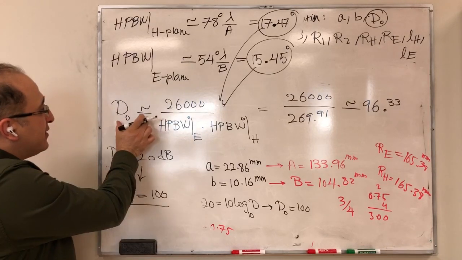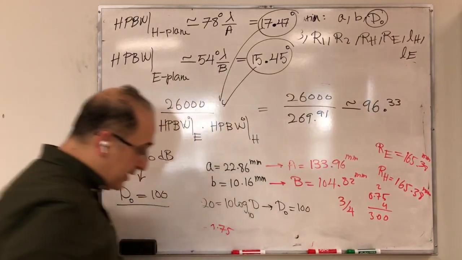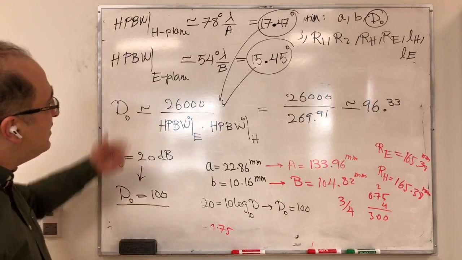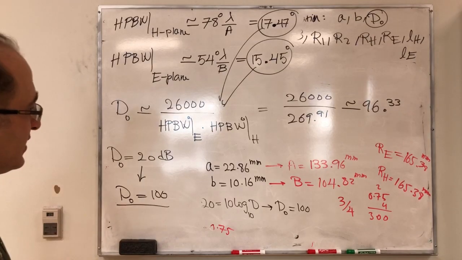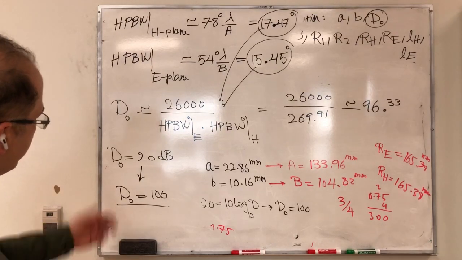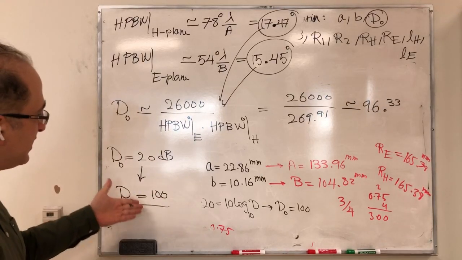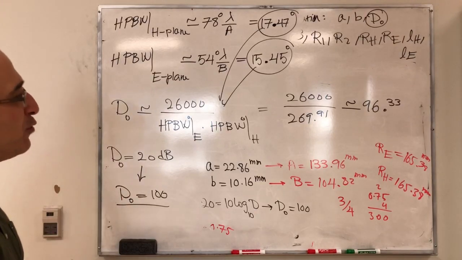Based on this estimate from half power beamwidth, we got 96, which is very close to 100. So this makes sense in this case. That is one way to estimate the directivity, and it's close to the expected directivity for this design.